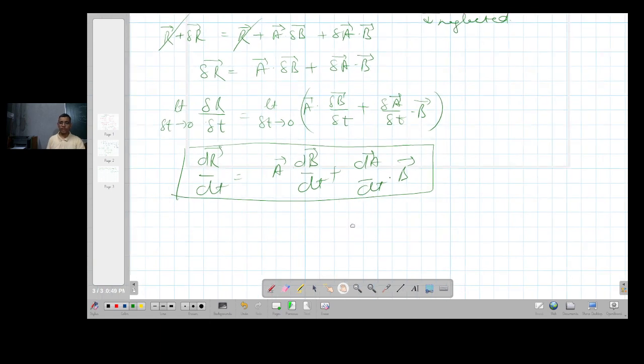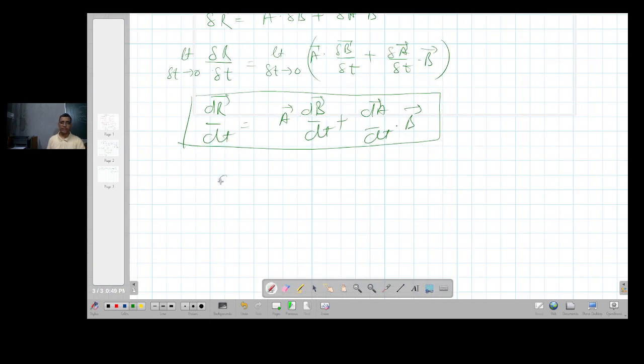Therefore, in a nutshell, the derivative of a dot b with respect to time can be written as the first vector as it is and the derivative of the second vector with respect to time, plus the derivative of the first vector with respect to time and the second vector as it is.